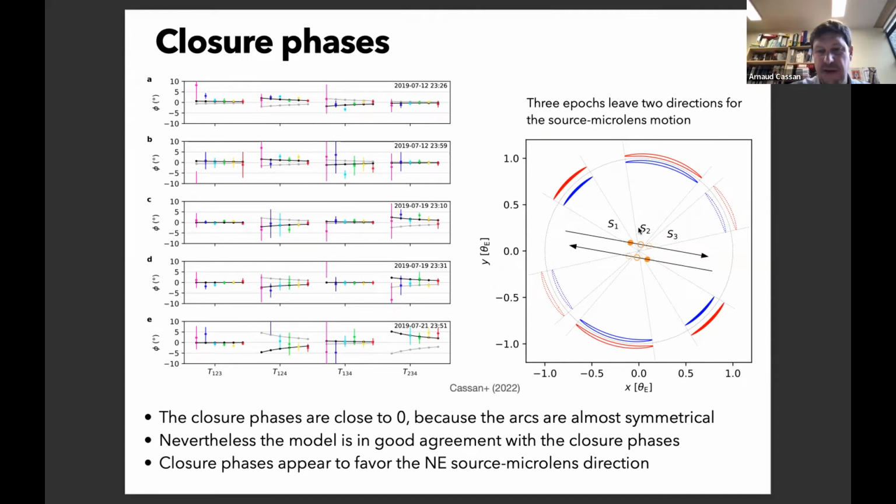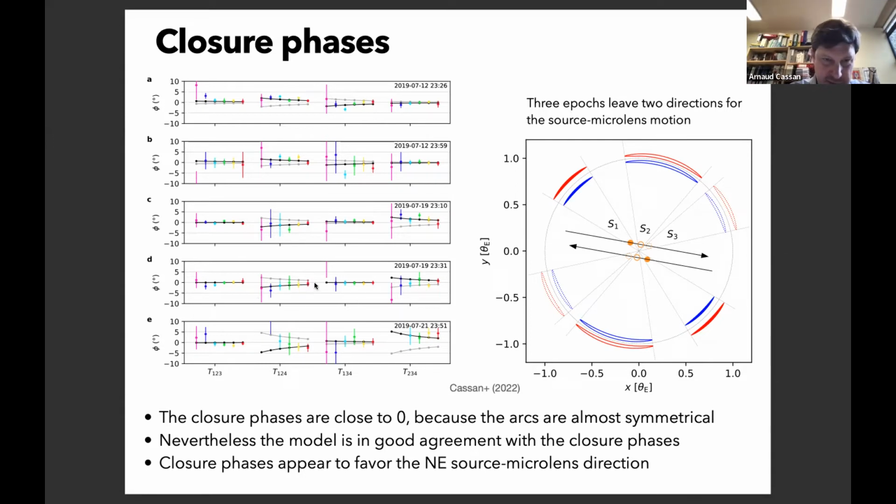But still, with three epochs, we have a degeneracy between the trajectory which goes east-north or west-south. And you see that here, even if the data are not very symmetric, we can see a difference, which is not very strong. But with a model, the finite model, we know which direction it is, because we know by parallax, I will talk about it a bit later.